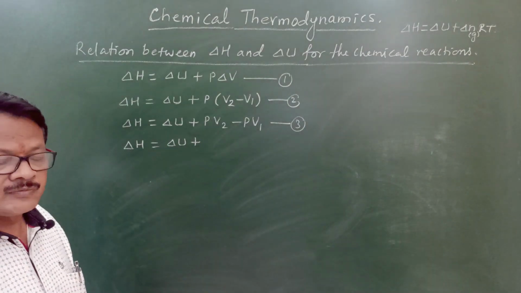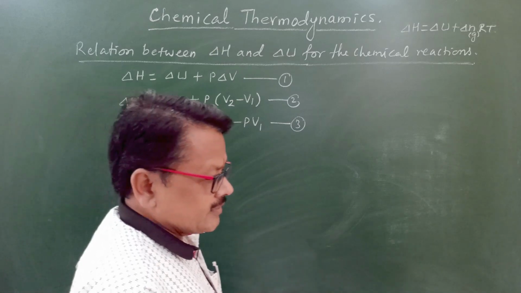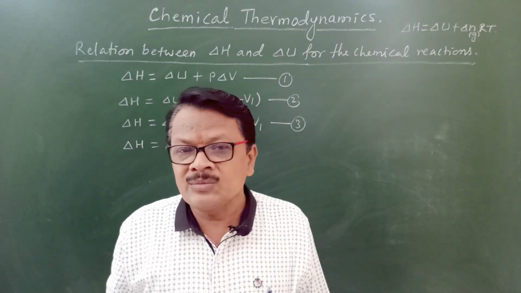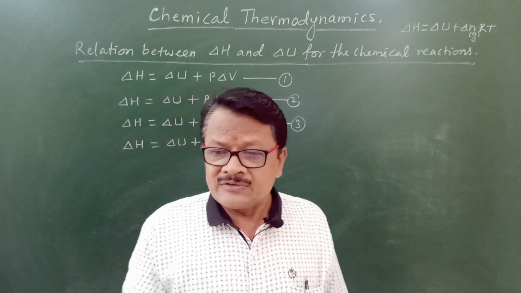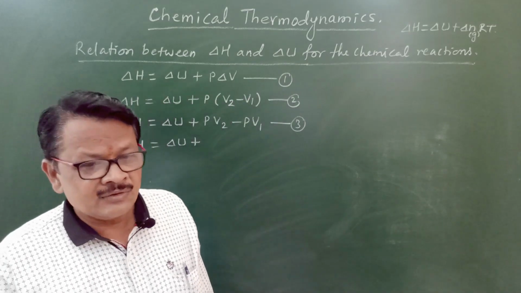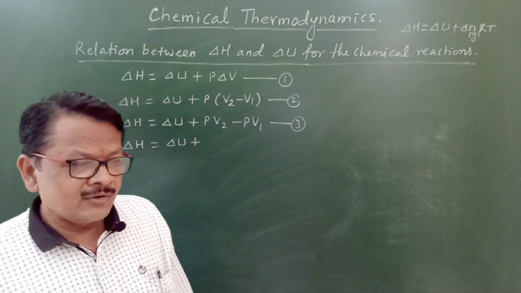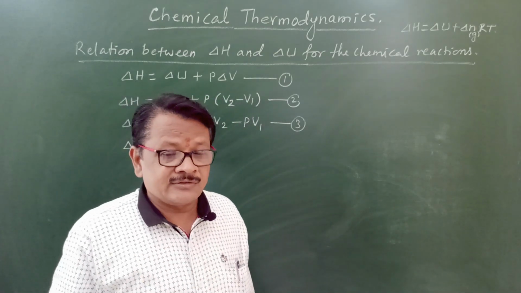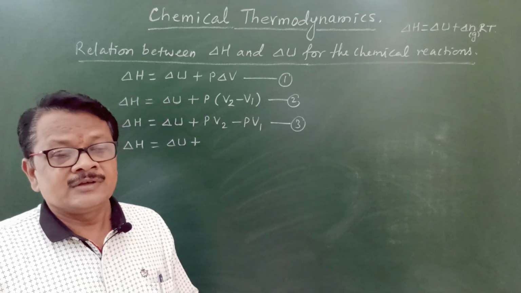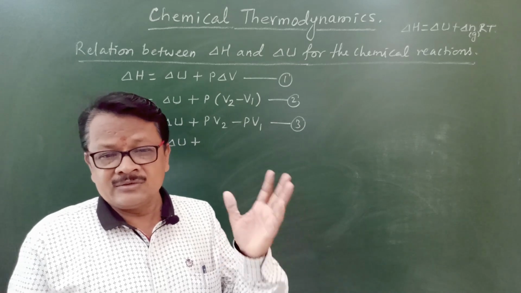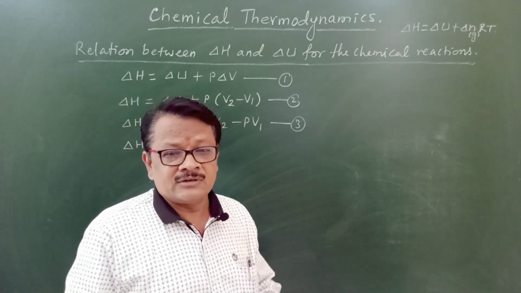Here, suppose any chemical reaction is taking place, the reactants and products may be present in solid state, liquid state or gaseous state. But when the reactants and products are present in solid and liquid states, the change in volume which is taking place is negligible, and cannot be considered.